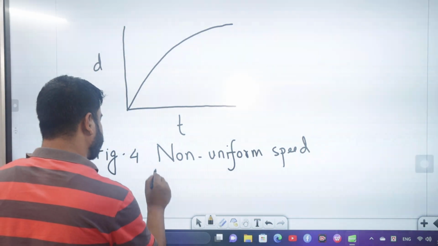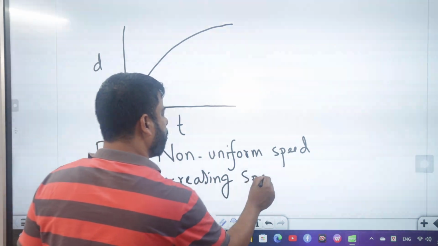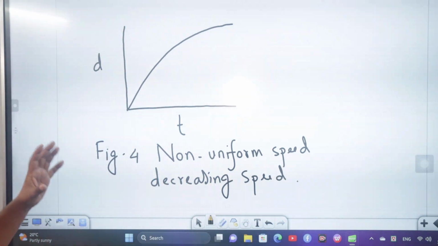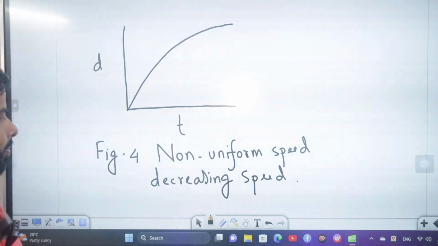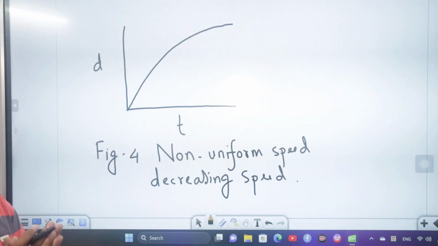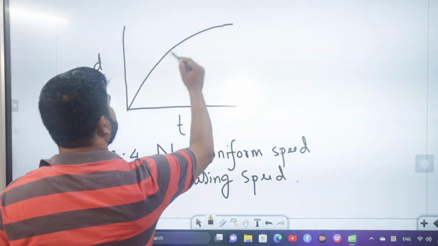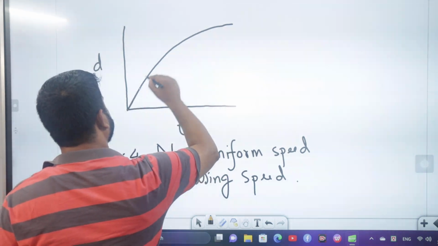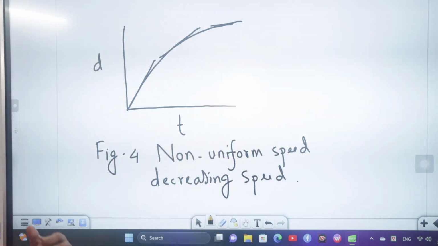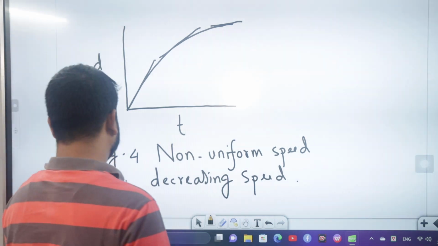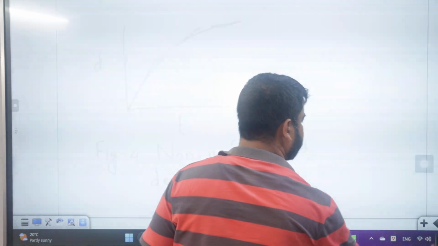But remember, it is decreasing speed. Why decreasing speed? Because the gradient of the graph decreases with time. Look at the graph: initially gradient is higher, then gradually the gradient decreases with time, finally the gradient decreases most. That's why non-uniform decreasing speed.